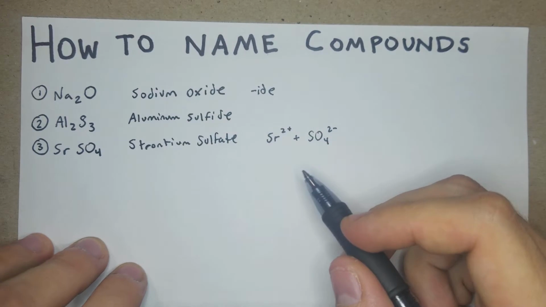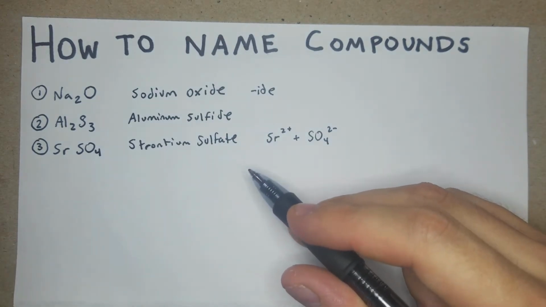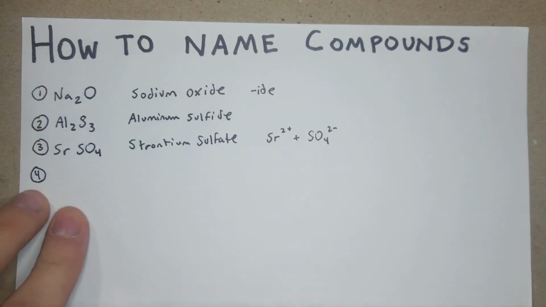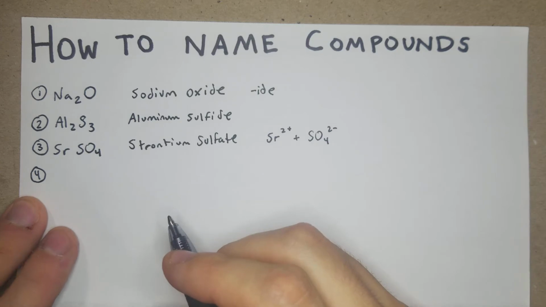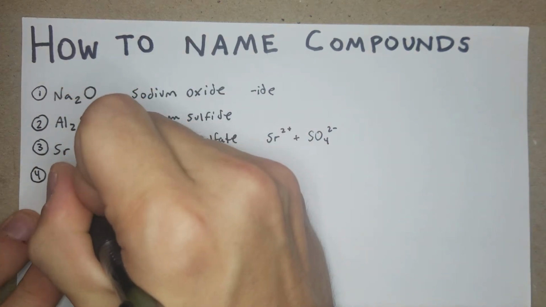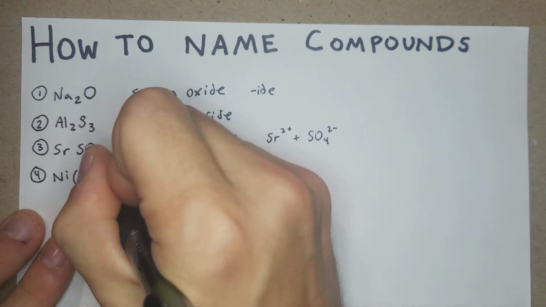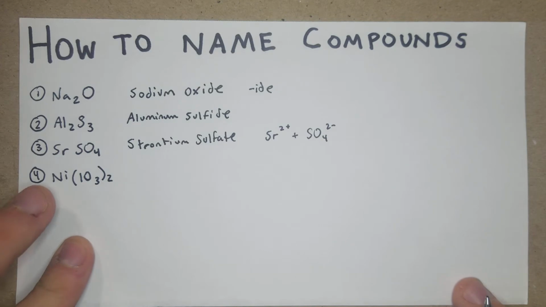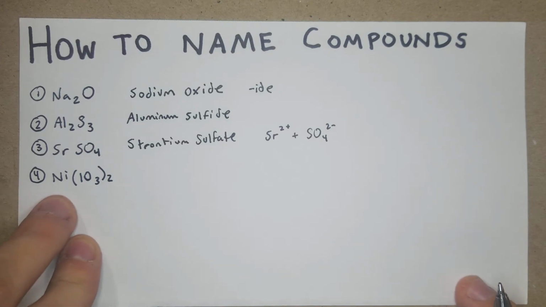If you aren't given those, it's easy enough to find a chart like that just by Googling it, and then you can memorize the common ones and go from there. So the next one we're going to go for is, let's see, Ni(IO3)2. In this case, it's a little bit trickier because, first of all, nickel is another one that we have to worry about.